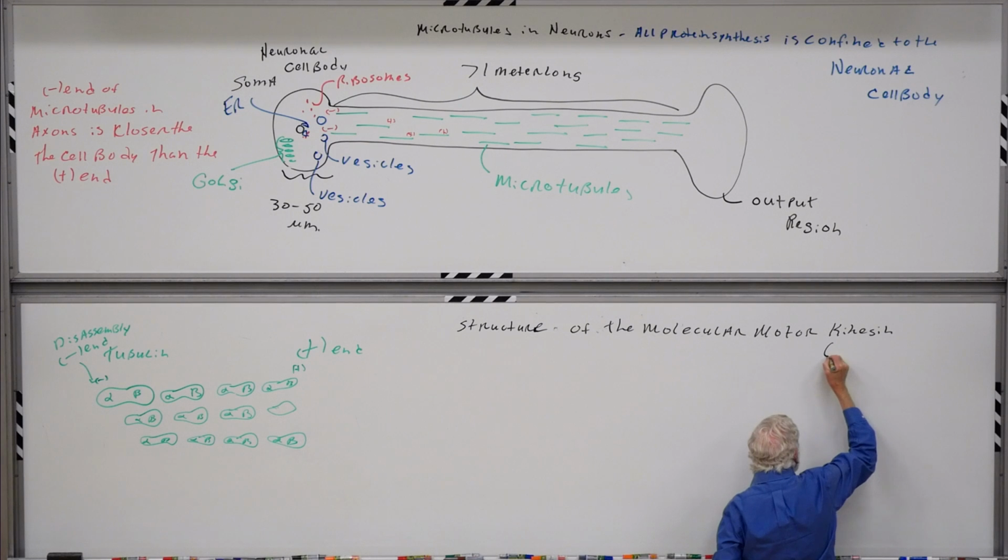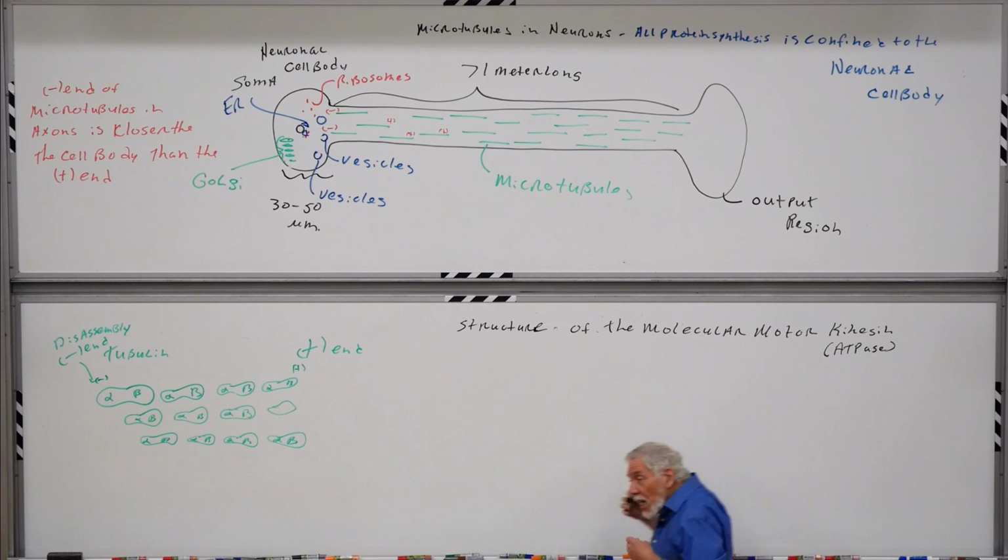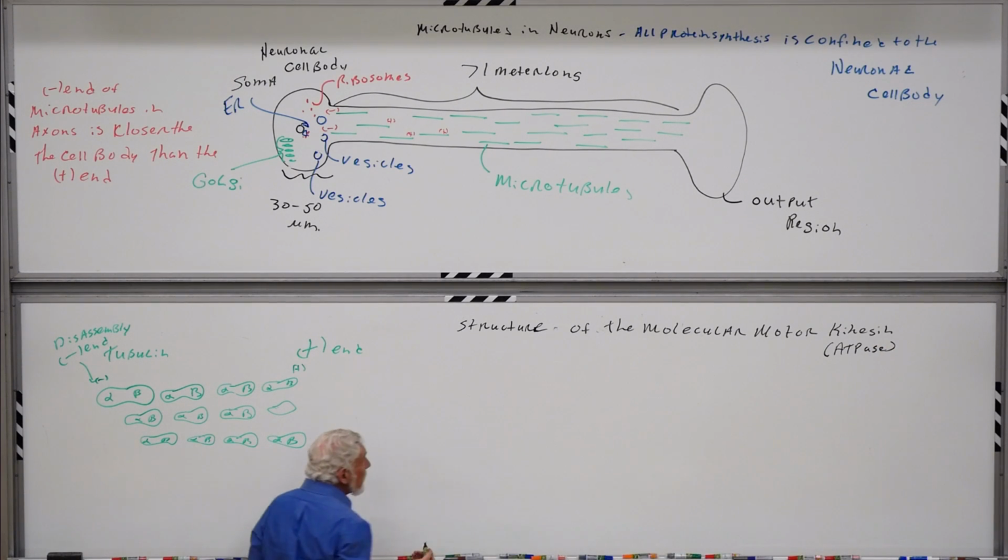I'm going to put this in parentheses because it's so important, we'll come back to it. Kinesin is an ATPase. It converts ATP to ADP and Pi.